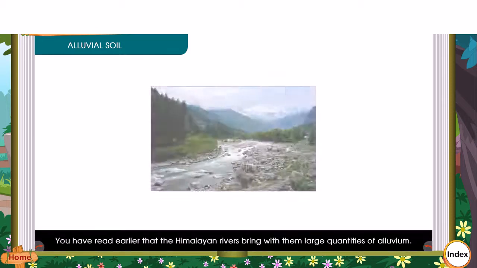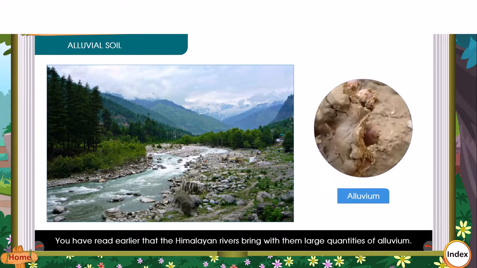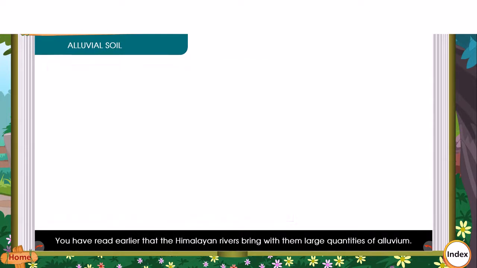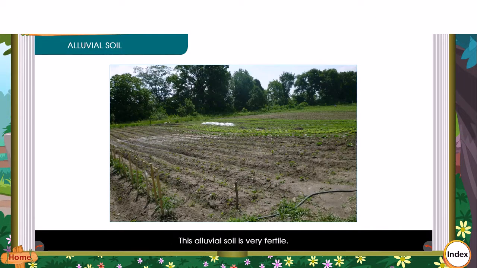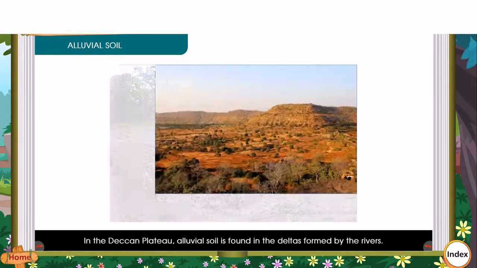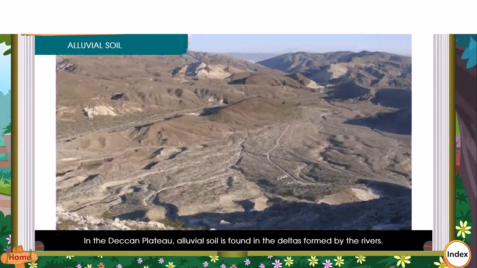Alluvial soil. You have read earlier that the Himalayan rivers bring with them large quantity of alluvium. This is deposited on the river bank. This alluvial soil is very fertile. In the Deccan Plateau, alluvial soil is found in the deltas formed by the rivers.